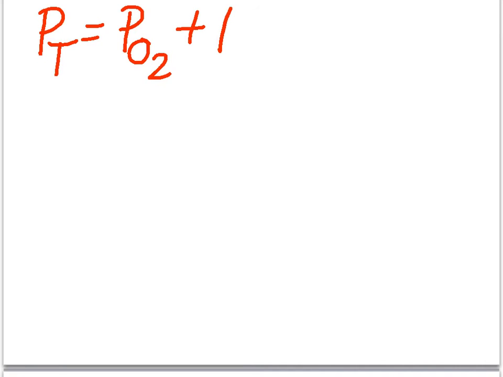So here we're going to use Dalton's law to calculate the pressure of the oxygen. So we know our pressure total is equal to the pressure of the oxygen plus the pressure of the water.